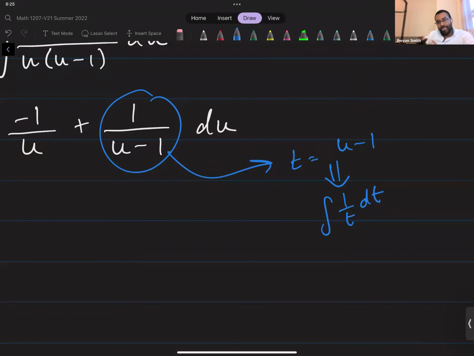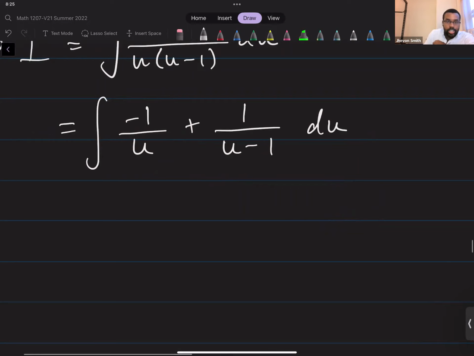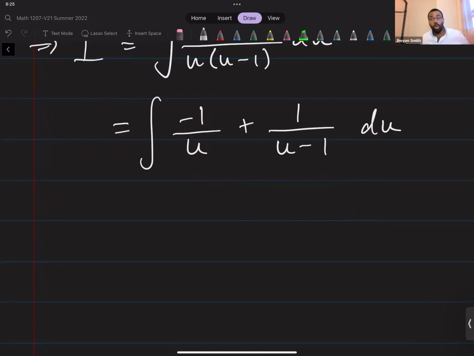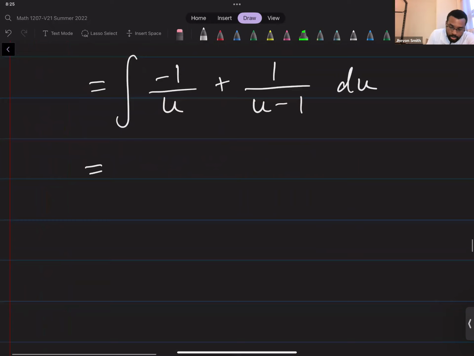But this is the kind of integral where I don't expect you to go through an extra substitution. I expect you to just see it. But if you don't see it, do an extra substitution. At the end of the day, you keep doing a technique until you get it to look like a basic rule. That's the whole point of all of these techniques, right? By doing partial fractions, it gets me to a point where I can apply a basic rule. And so here, the basic rule is this is ln, and this also will be an ln.